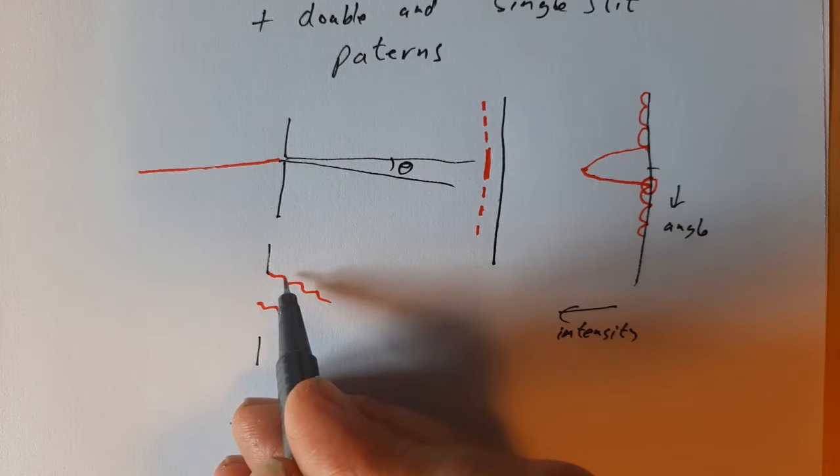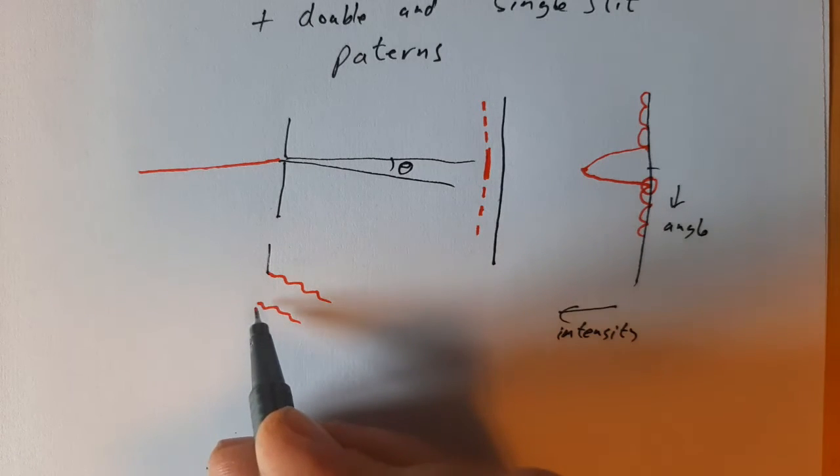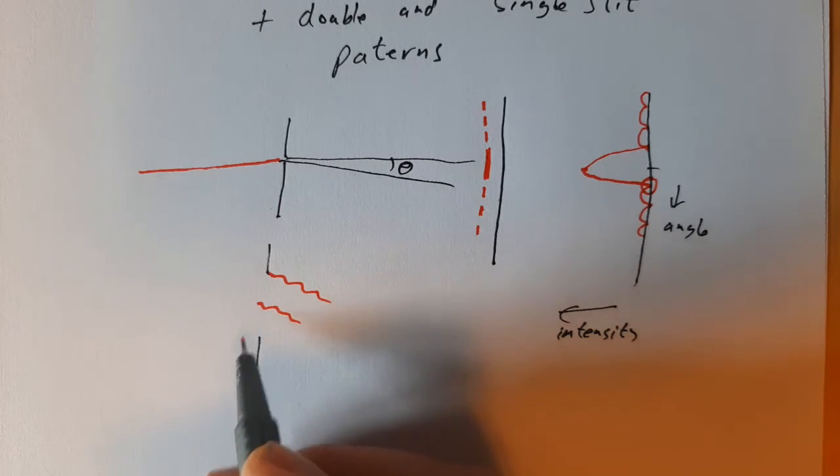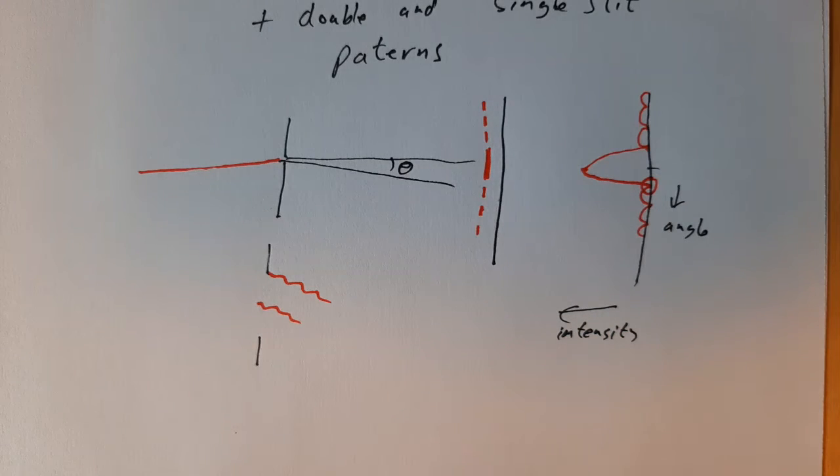If that light from here cancels the light from here, the light from here cancels the light from here, the light from here cancels the light from here, and we get a dark spot.